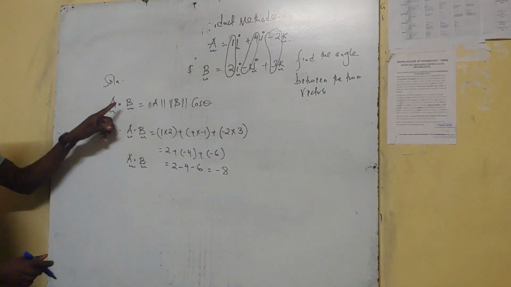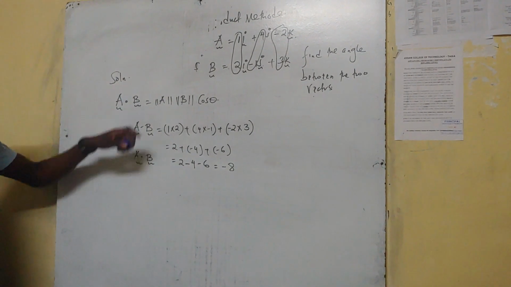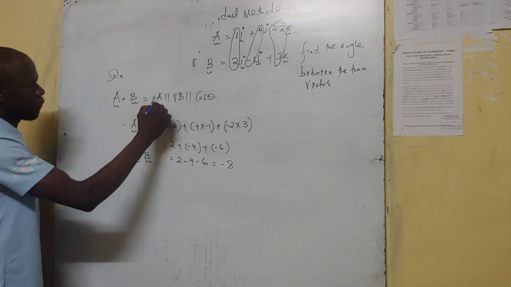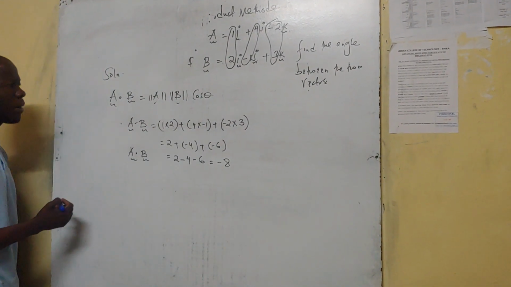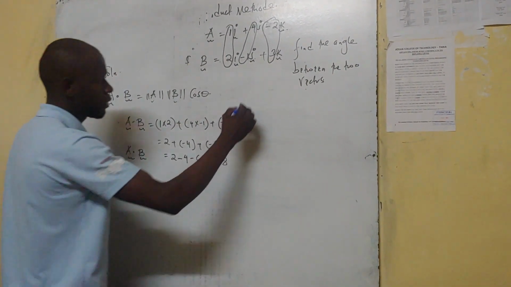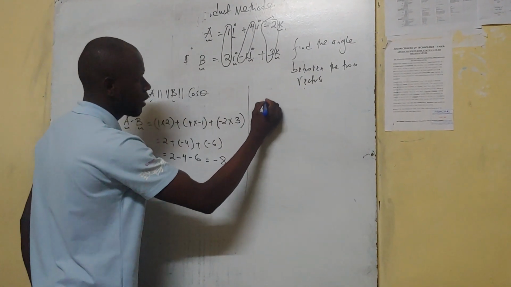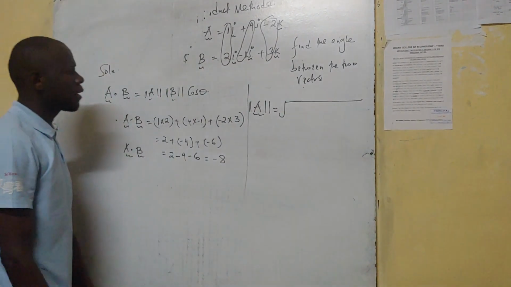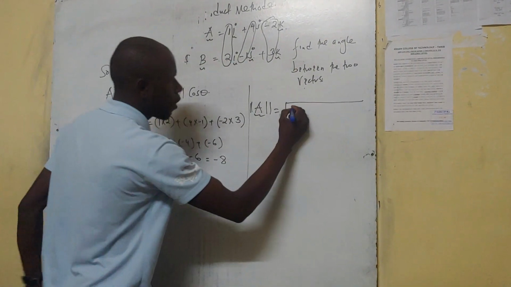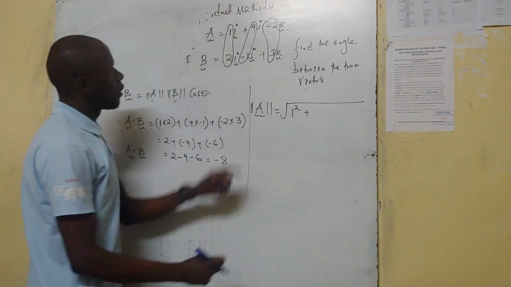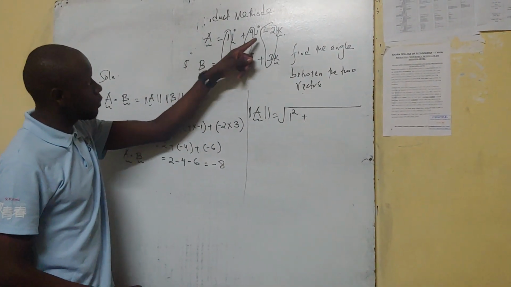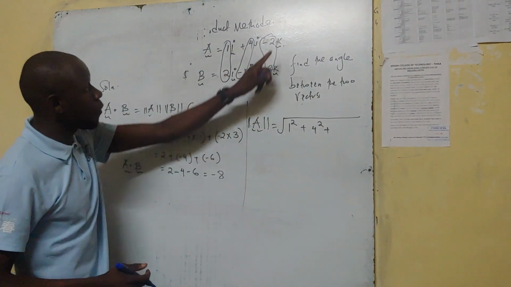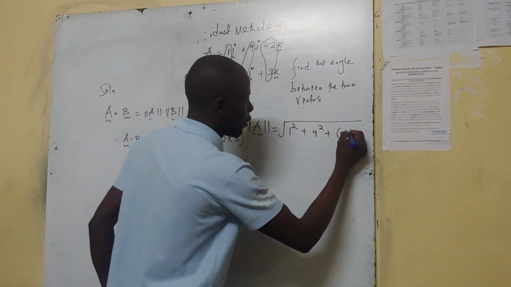In the formula for finding the angle between two vectors, we have already found that A dot B is going to be negative 8. Then the next thing that we need to find for us to get that angle is the A magnitude and B magnitude. The magnitude of a vector is given by the square root of the component of A along i, which is 1, squared, then you add the component of A along j, which is 4, squared, then finally the component of A along k, that is negative 2, squared.